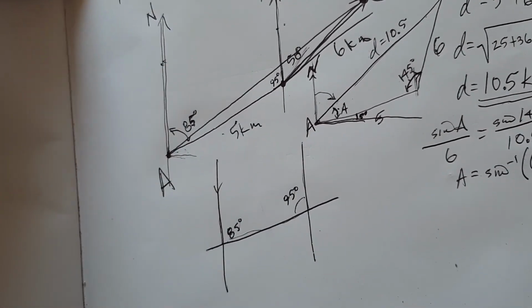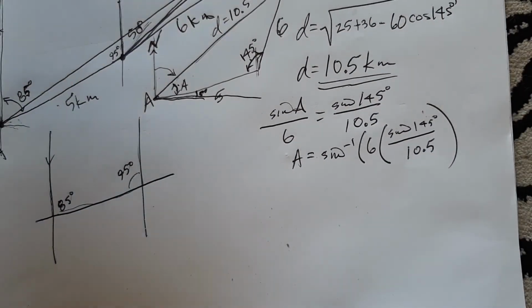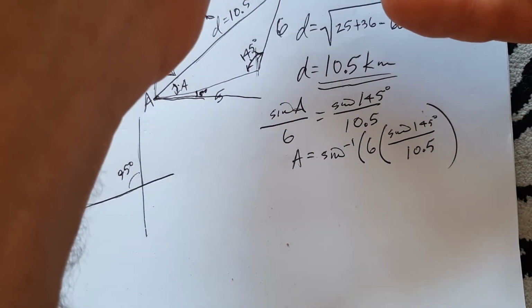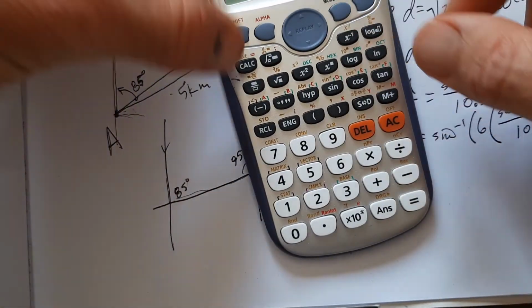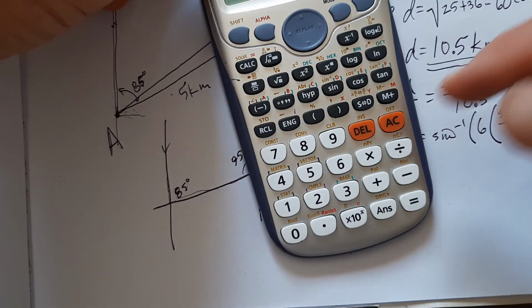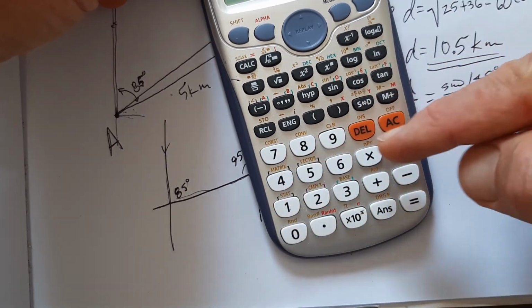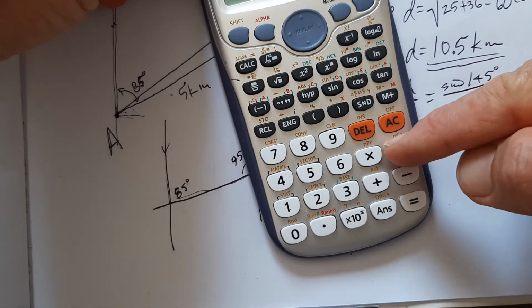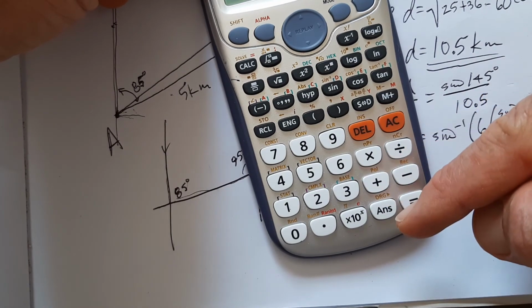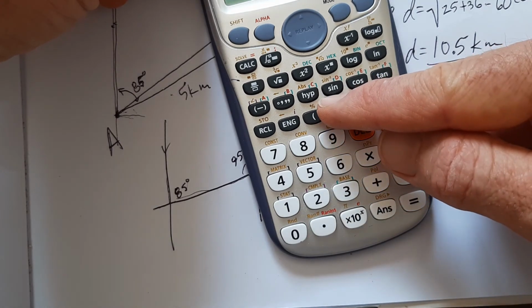All right. We won't be quite done after that, but you can see where we're heading, right? Let's clear our calculator. Shift sine inverse, 6, bracket, sine 145, close that bracket, divided by 10.5, close bracket.